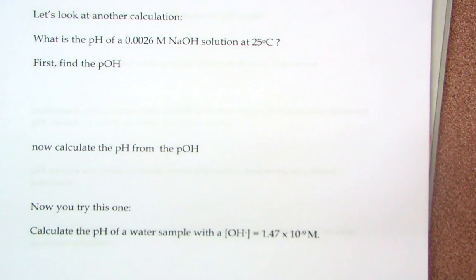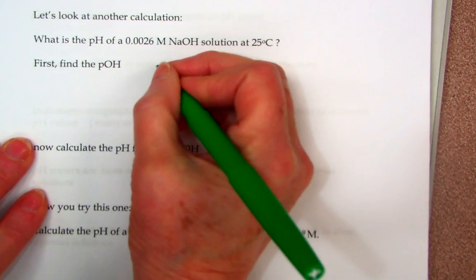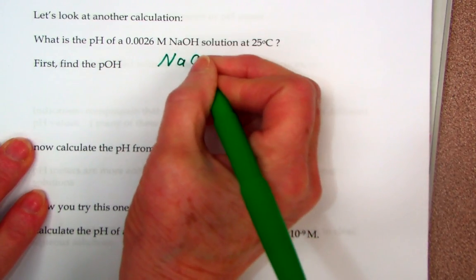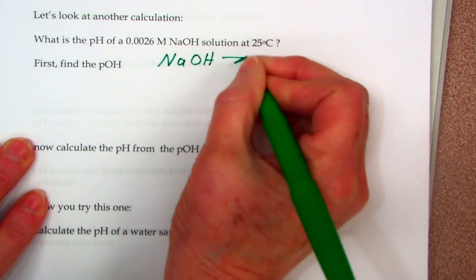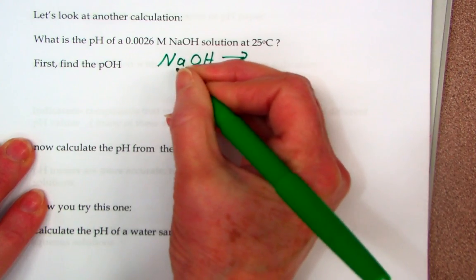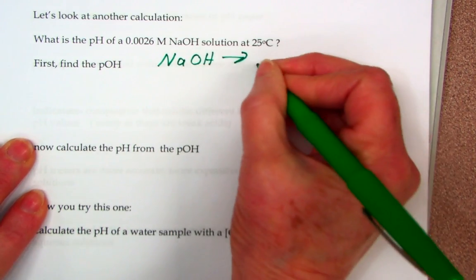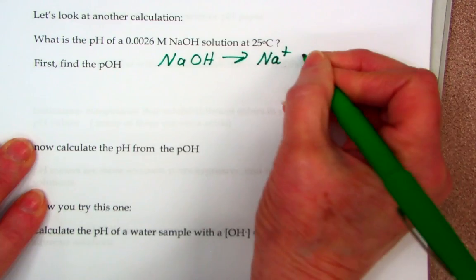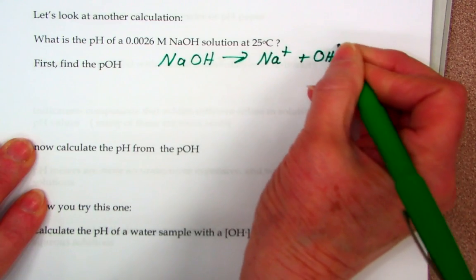Well, the first thing you have to do is think about what is sodium hydroxide. It is a salt, and it is a strong base. And what happens when I put sodium hydroxide in water? It dissociates. So I have sodium hydroxide. It is readily soluble because it contains an alkali metal cation, and it makes sodium ions and hydroxide ions in water.